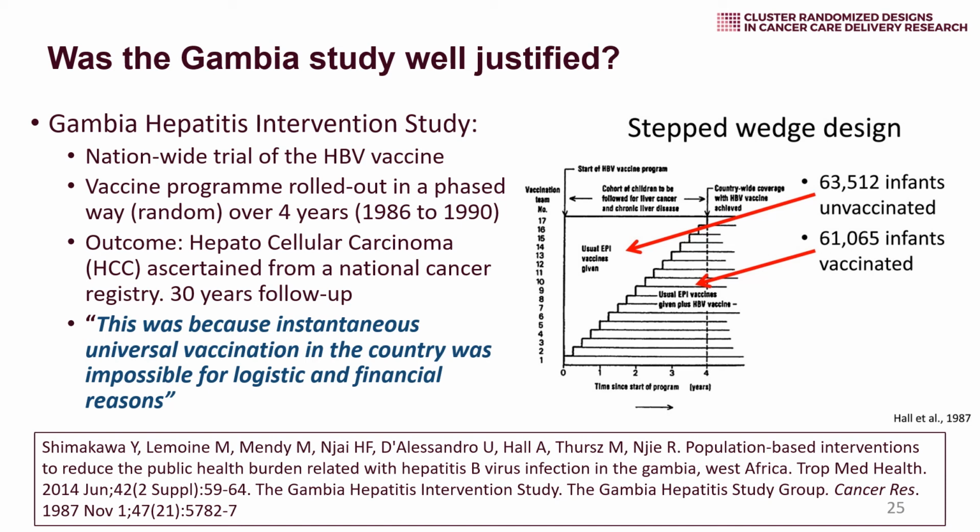And then the vaccine program was gradually rolled out across these 17 regions in a randomized way, in such a way that babies born in regions that had not yet been rolled out to the new vaccination program were not vaccinated. There were about 63,000 babies born under that control condition, and the 61,000 babies that were born after their region had rolled out the vaccination program were offered and given the intervention.